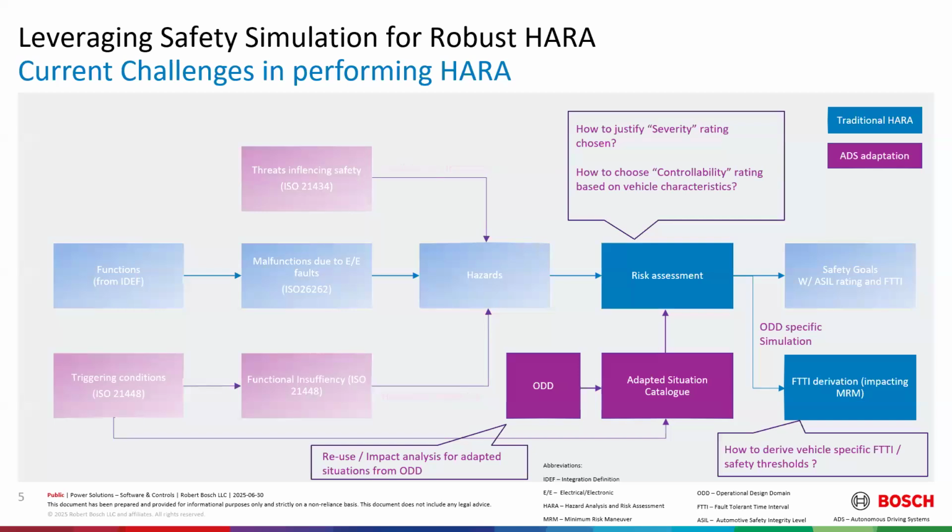Maybe we do it for one use case, we can test it in the real vehicle, how many people can react for 1 second or 2 seconds, and translate it back to all the scenarios in the situation catalog. Usually you have hundreds of scenarios per safety goal, where we cannot run a vehicle test for each and every scenario, but we can have reliable results from the simulation too. That was the starting point.